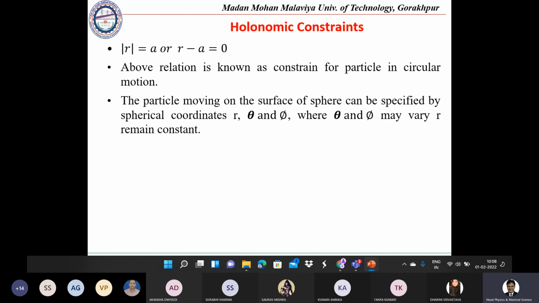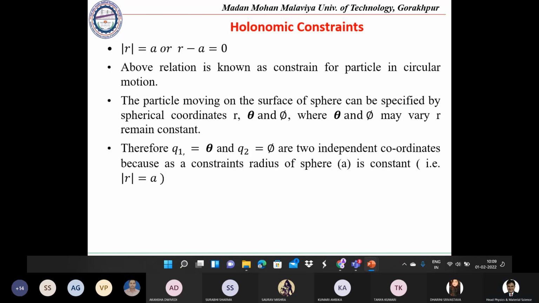That's why this r remains constant in case of the spherical notation of a particular system, while theta and phi may have liberty to vary for the same. That's why here we have the constraint for r, if that is the radius of that sphere, then that will give the limitation for anything if it tries to move at the surface or inside that particular sphere.